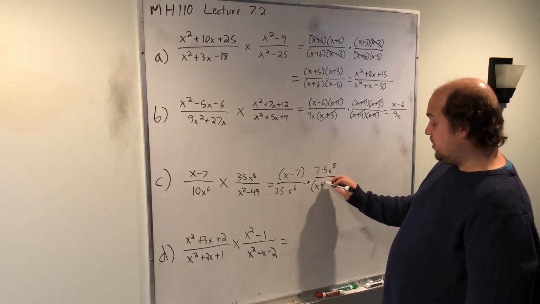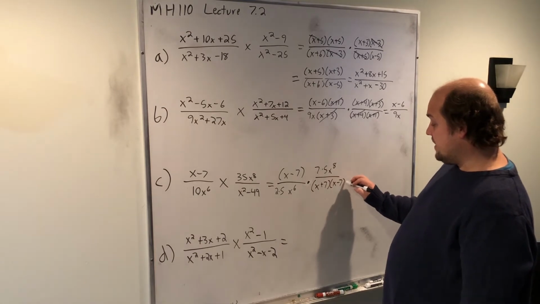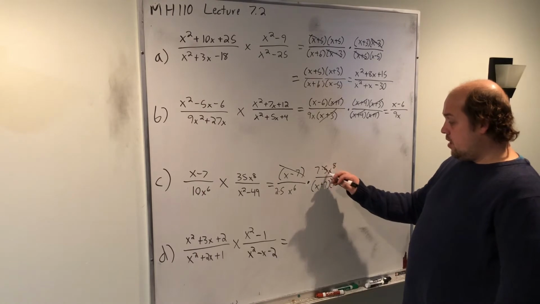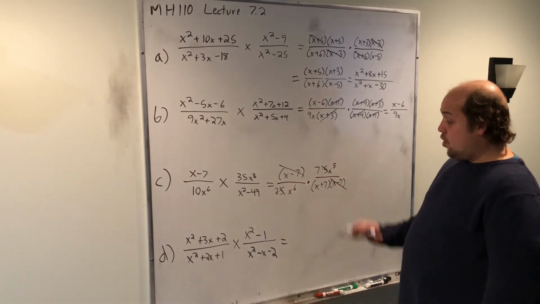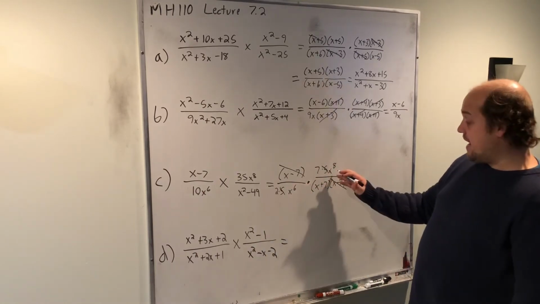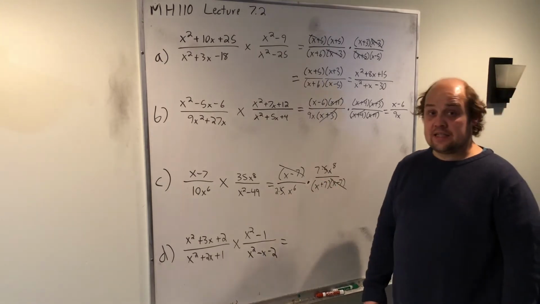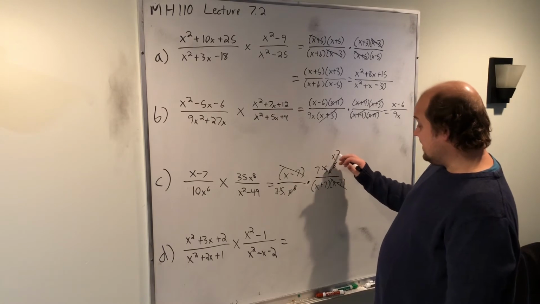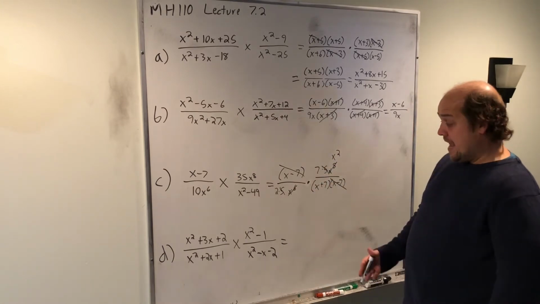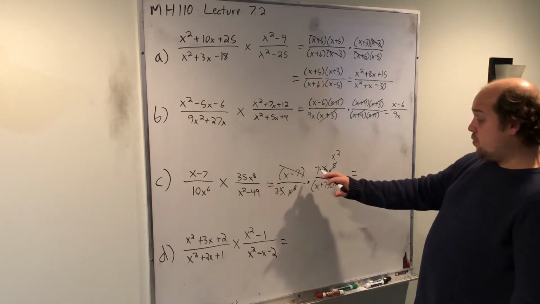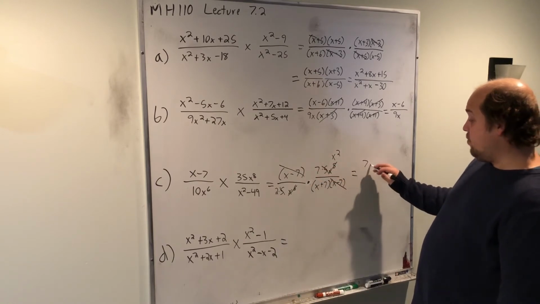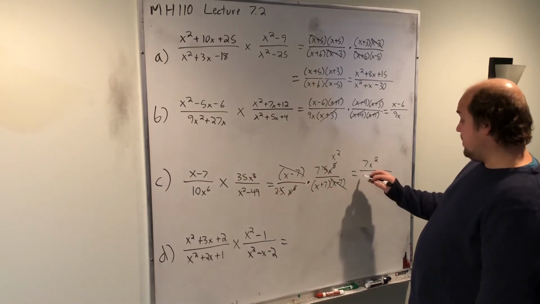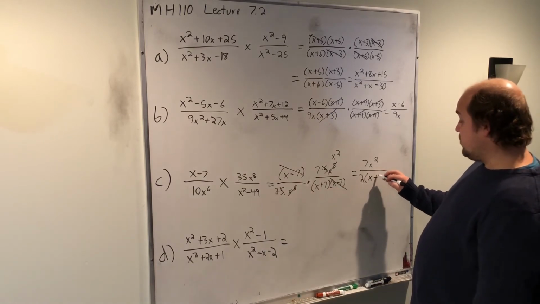I can call that x plus 7, x minus 7. I can then see the repeated factor of x minus 7, the repeated factor of 5. When I look at the powers of x, I've got x to the 8th on top, x to the 6th on bottom. That means there's 2 more on top, meaning x squared is left over. I cannot reduce this any further, so on top I have 7 times x squared, which gives me 7x squared. On bottom I have 2 times x plus 7, which I'm just going to leave as 2 times x plus 7.